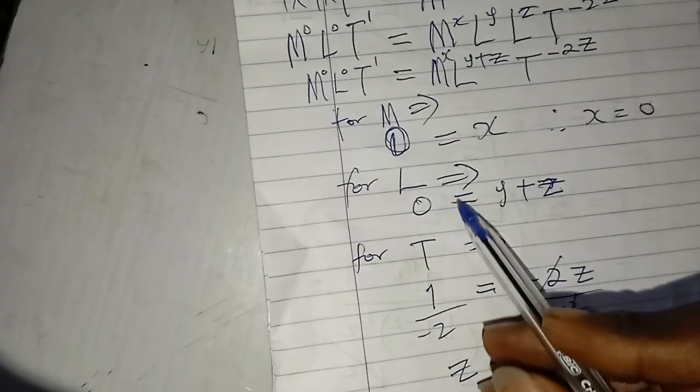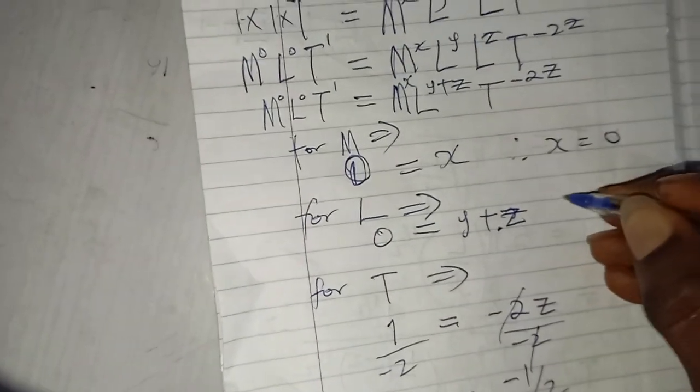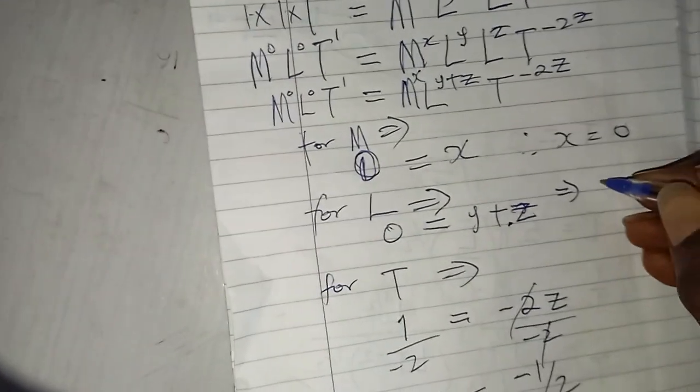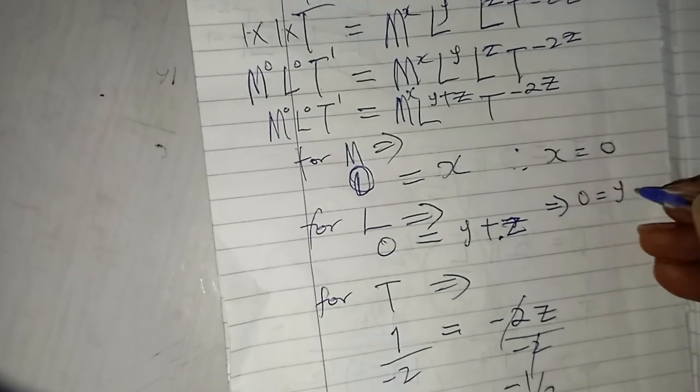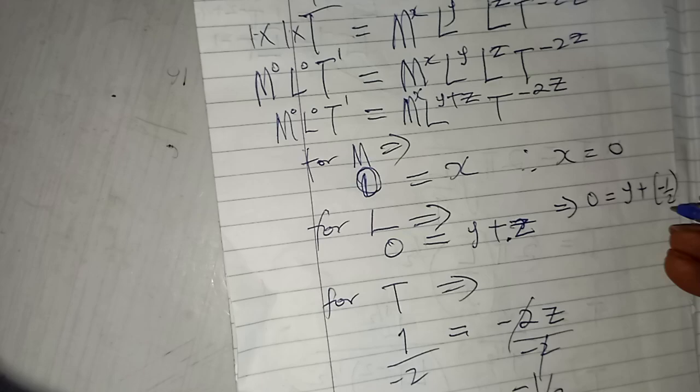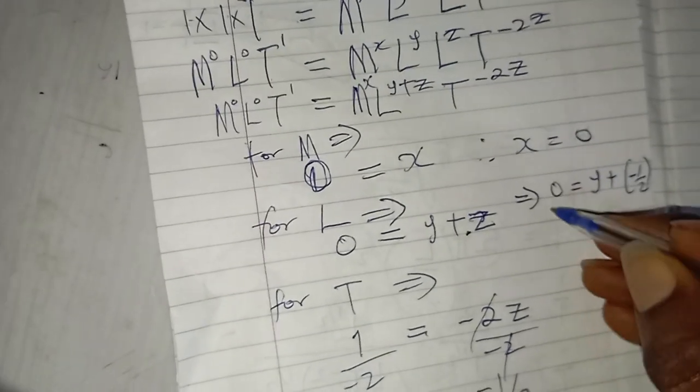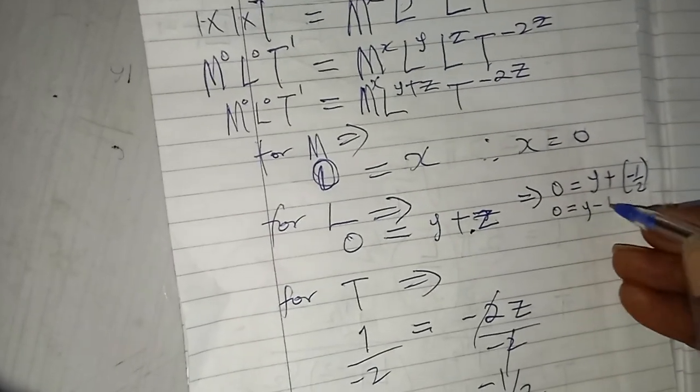Now remember that for L it is carrying z, so let's come back here and now do that. This is the same thing as saying 0 is equals to y plus minus half. And notice that this will be 0 equals to y minus half.